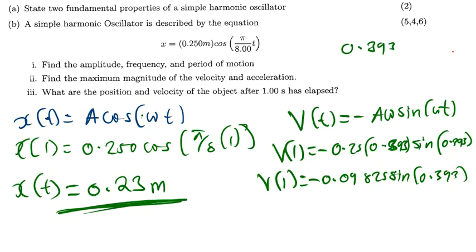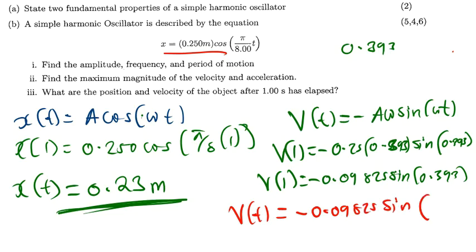And you've been given the first one, just like that. So you say v as a function of time will be equal to, then you have to get the same things. In this case, it's going to be 0.09825. Then you say sine. Then you just copy what is here, pi over 8t. That is the formula for the velocity.